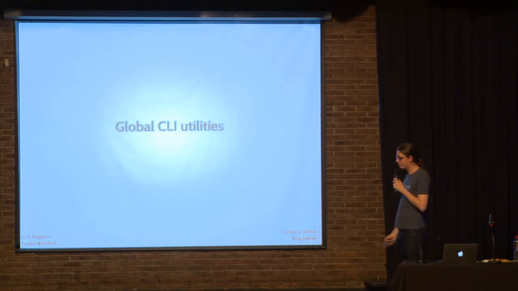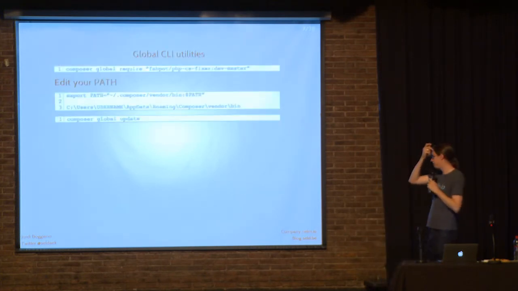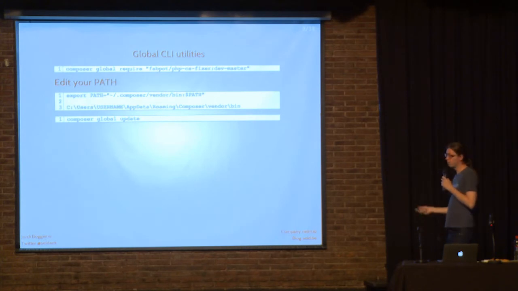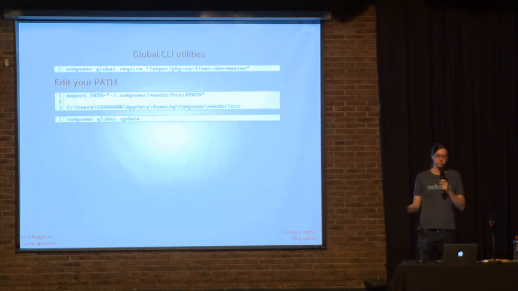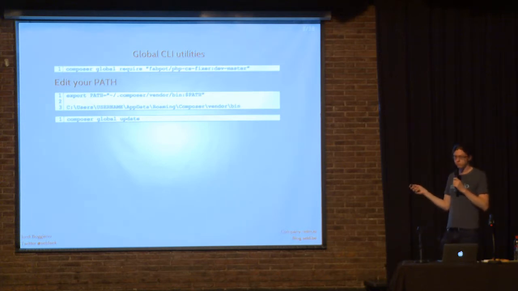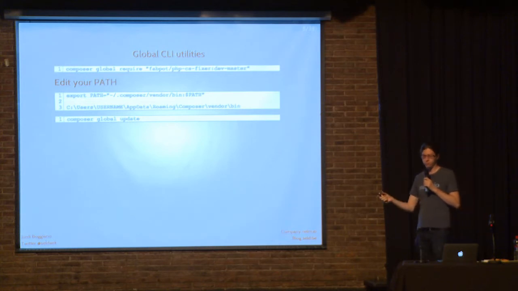So one thing we have had for a few months, I think, is the ability to easily install global utilities. Let's say you want to have PHPUnit installed globally, you can do it using this Composer global command. It works as a prefix to any other Composer command.